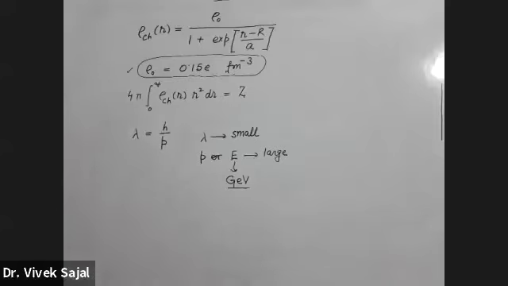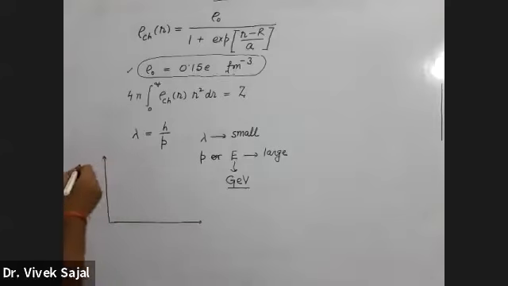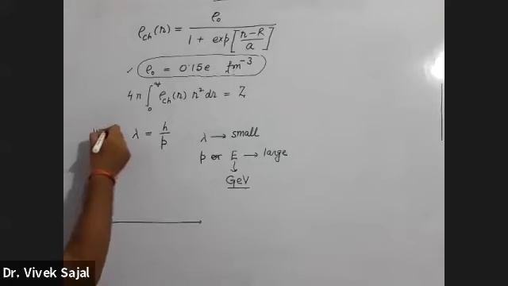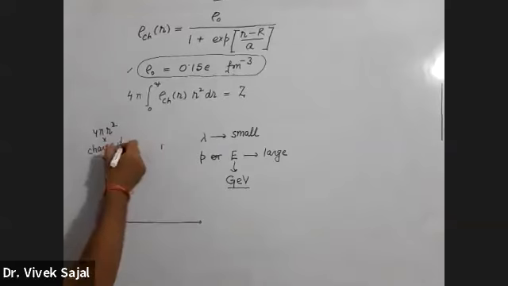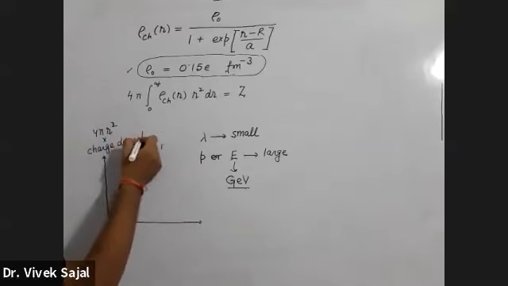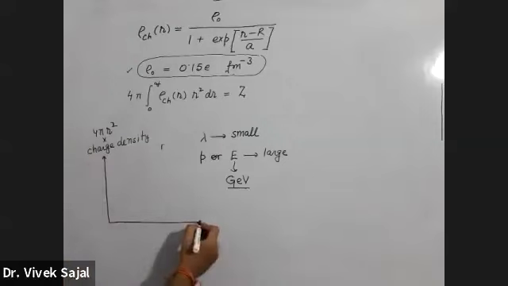For the proton, the structure is like this. On the y-axis we have 4 pi r square into the charge density, that is, the charge density inside the proton, and here this is the radius of the proton.